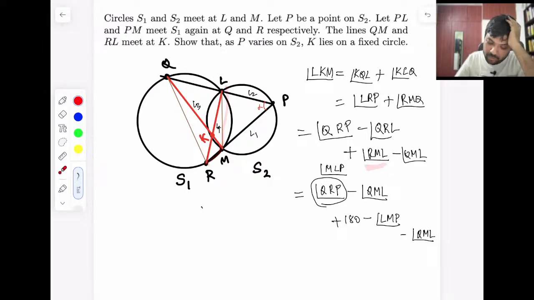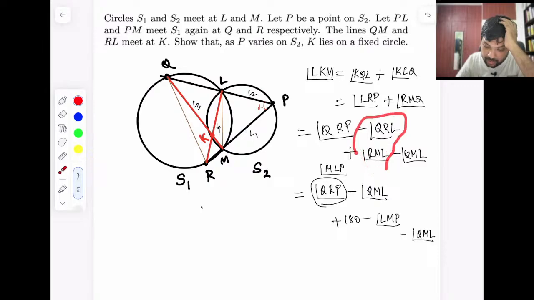I'm going back to the drawing board. RML. I maybe should not have written it as 180 minus LMP minus QRL. QRL is the same as QML, so you'll just get QMR. If I group these two together, they came from different things. Yeah, maybe it'll work.